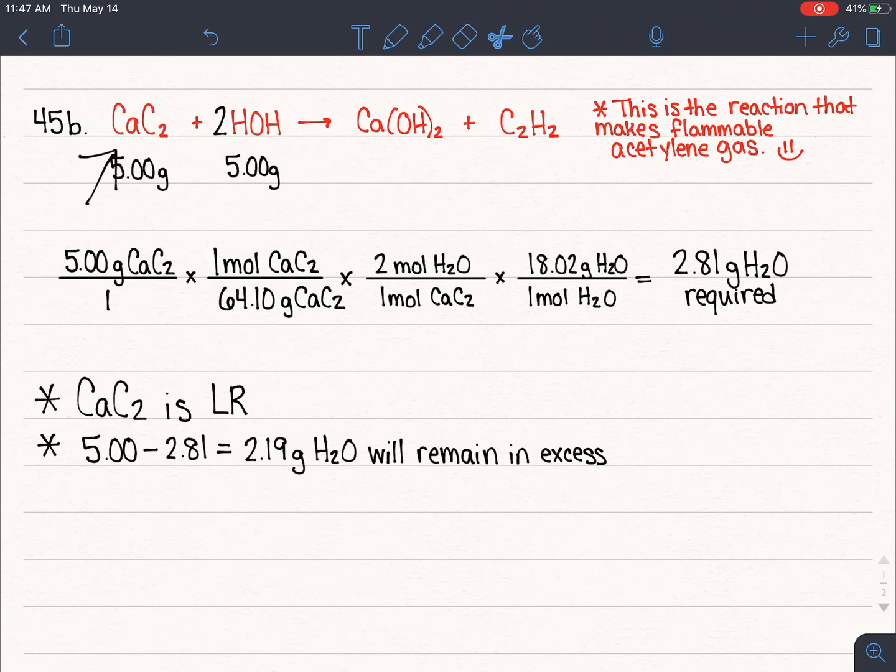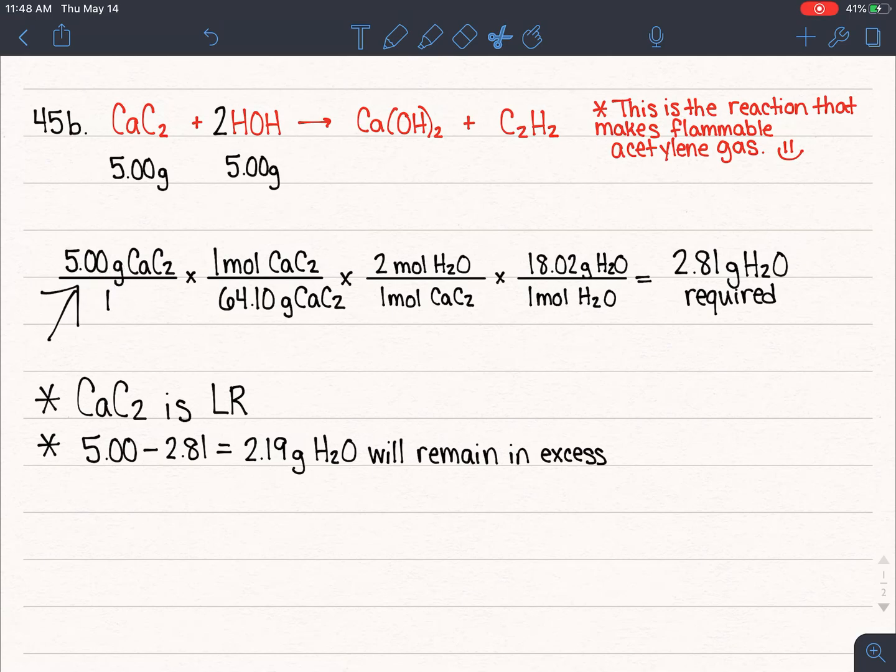If I did a really quick comparison, since I'm starting off with equal amounts of each, and I just look at the molar mass of calcium carbide and then also the molar mass of water, even though I need twice as much water as I will need calcium carbide, the fact that the molar mass of calcium carbide is so much greater than water, there's a really strong chance that CaC2 is actually going to be my limiting reactant, and that's why I started off with that.